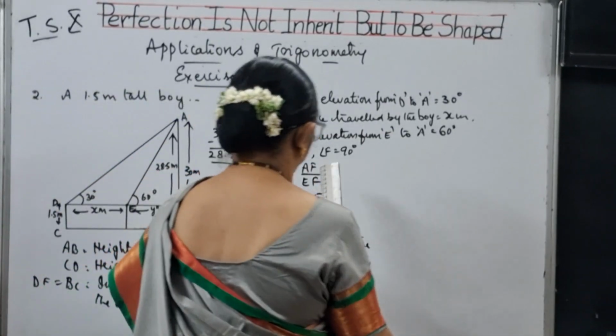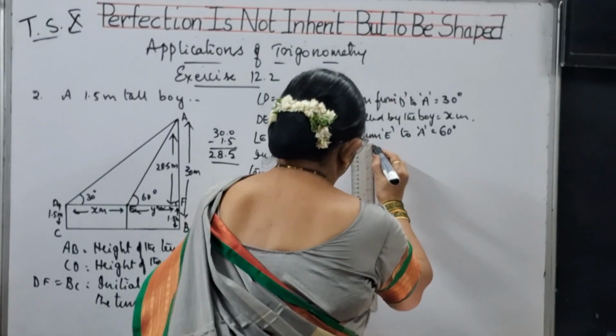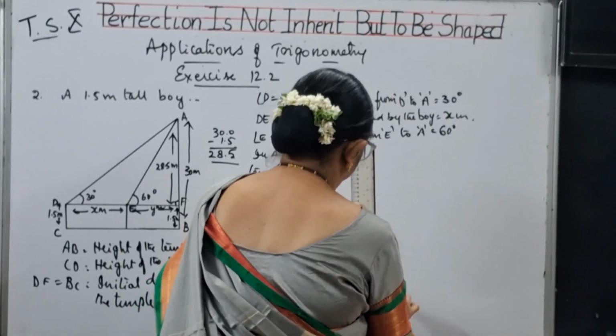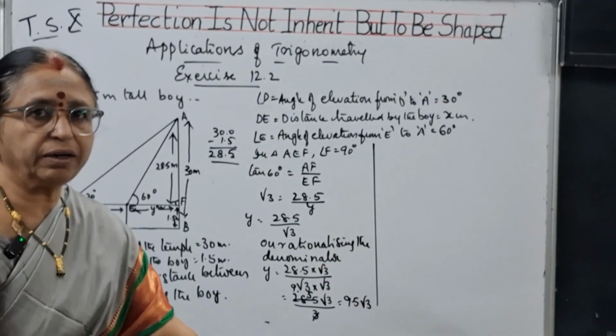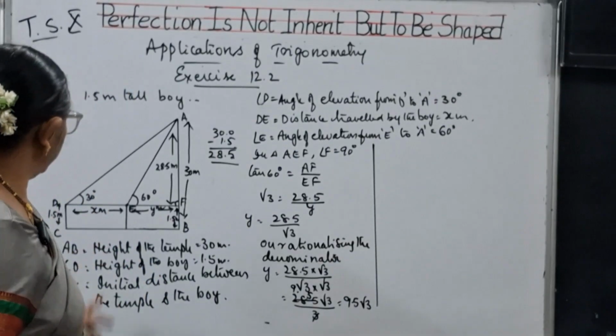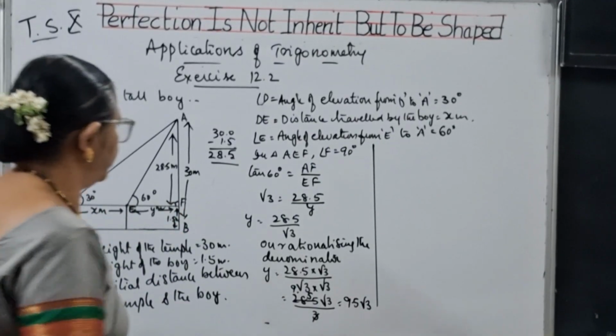Now we go to the next triangle, and the next triangle is triangle ADF.